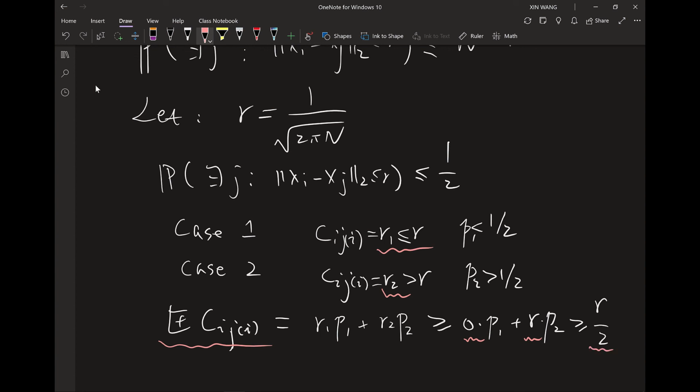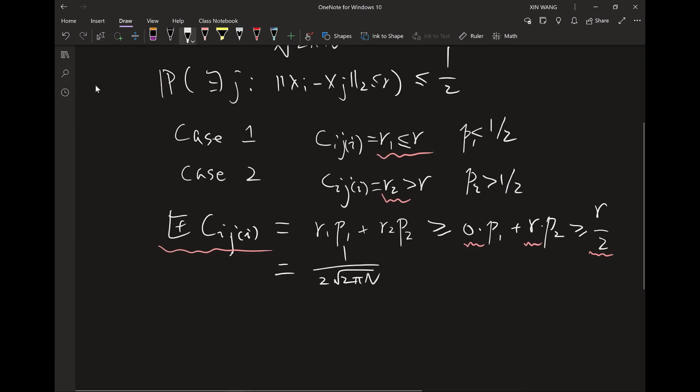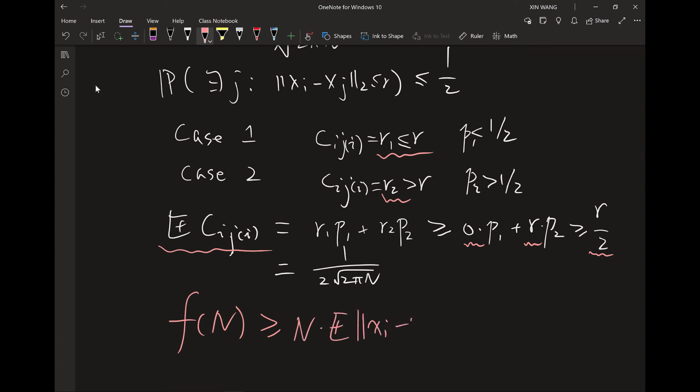Hence our minimum TSP tour is greater than or equal to n times the expectation of the distance from i to its nearest node, and this goes to infinity as n goes to infinity.